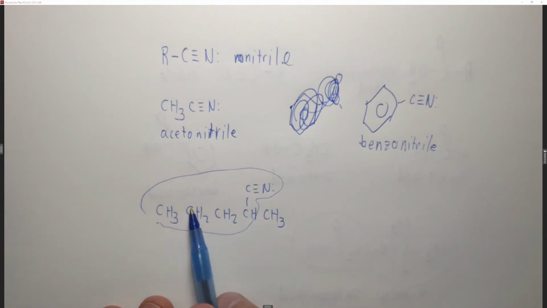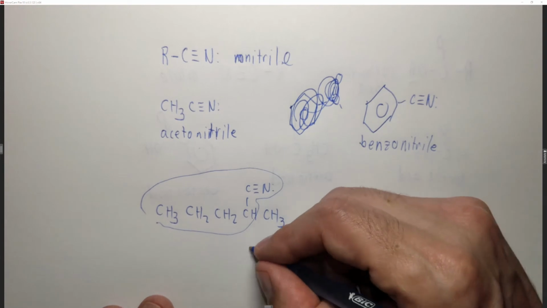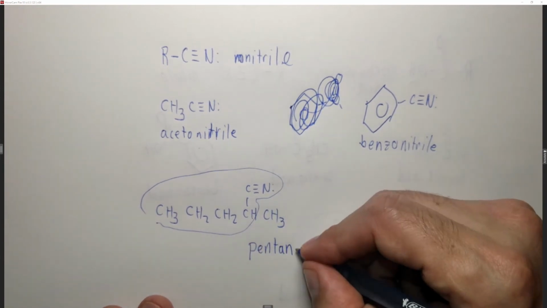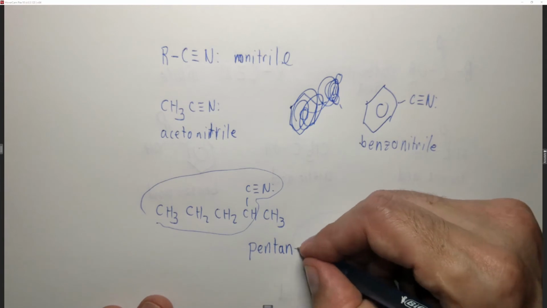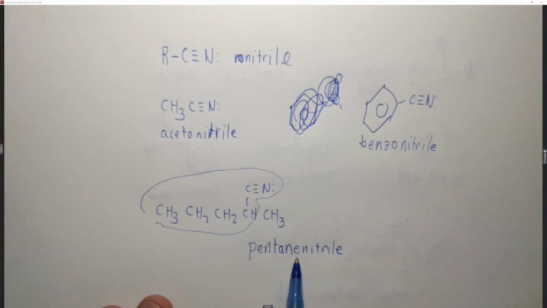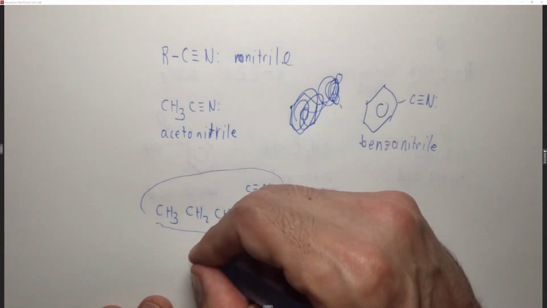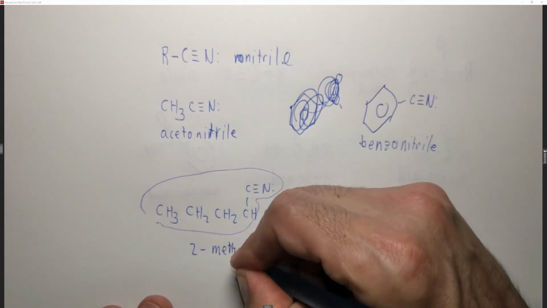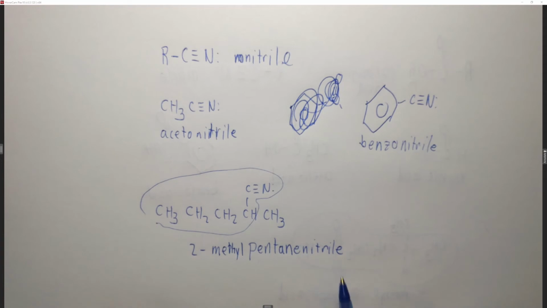So we have 1, 2, 3, 4, 5 carbons. So we would call the base name of this pentane nitrile. And then off carbon 1, 2, we have a methyl group. So this is 2-methyl pentane nitrile. So the end in the word nitrile.